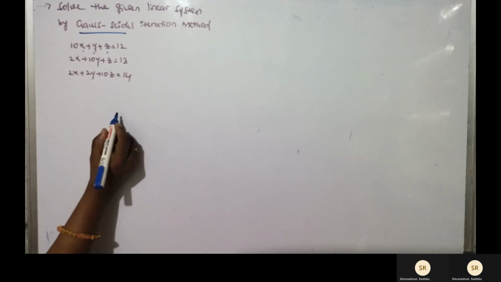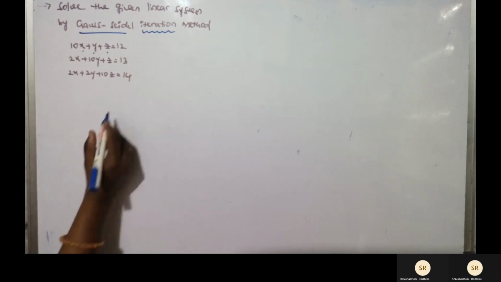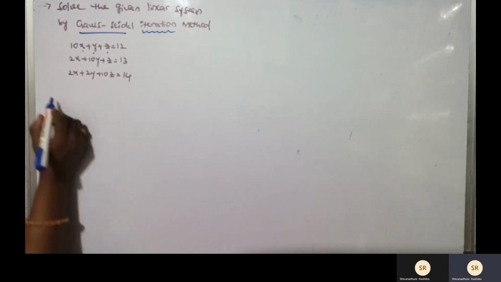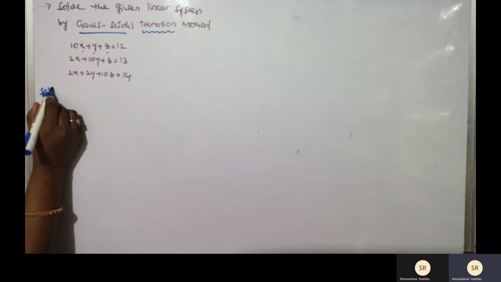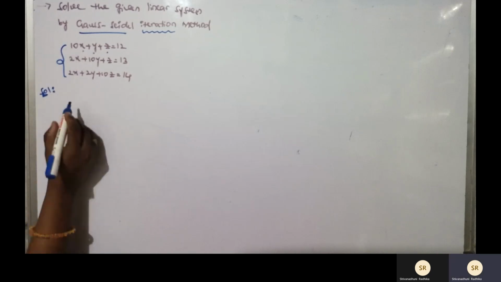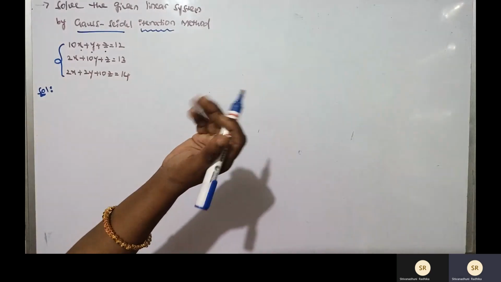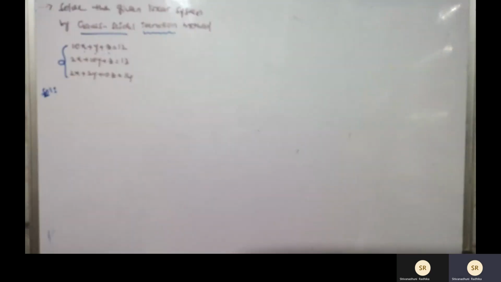So, let's go to iterations. First of all, the given system can be written as, see here once again.